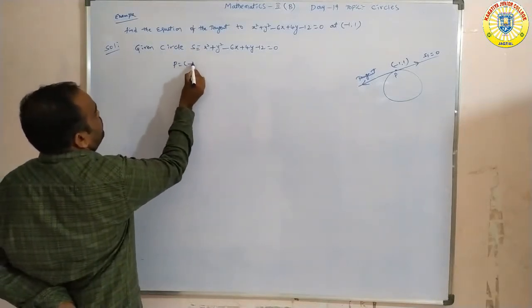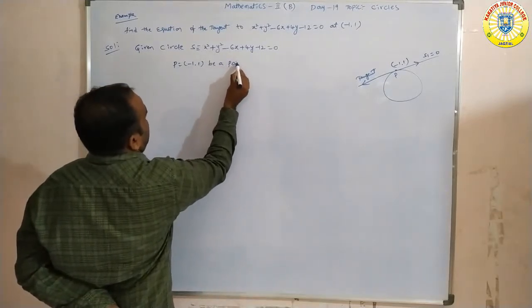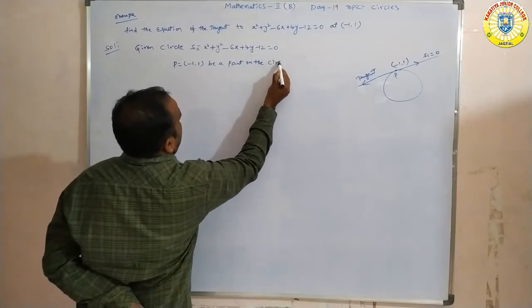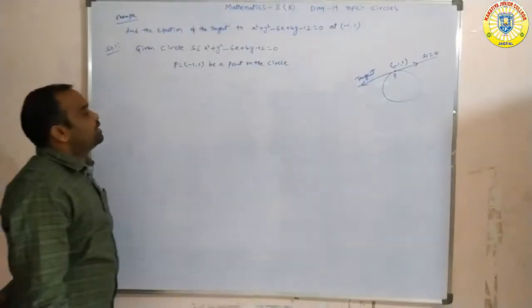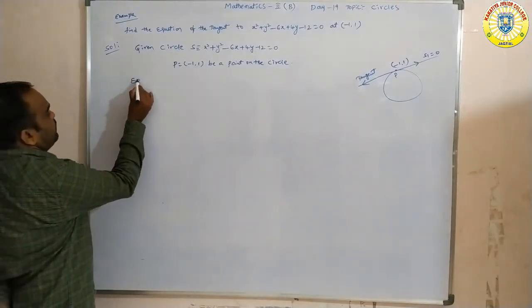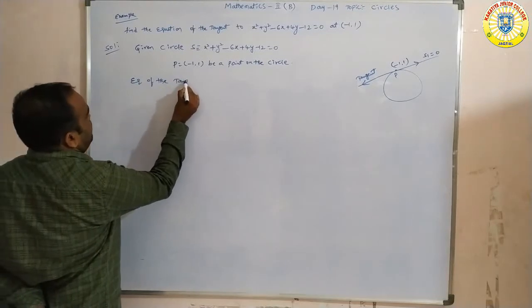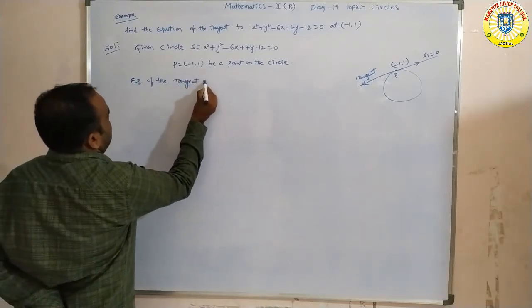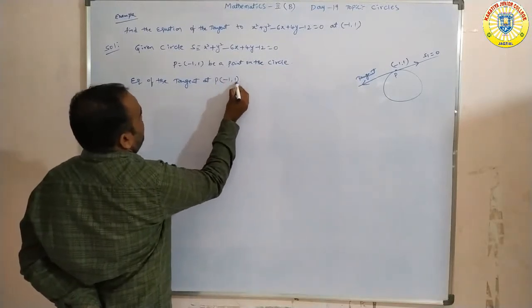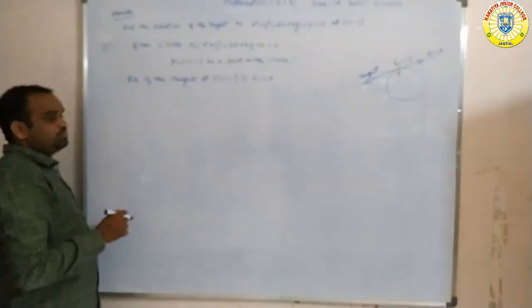P is equal to minus 1 comma 1, a point on the circle. Here the equation of the tangent at P of minus 1 comma 1 is S1 is equal to 0.